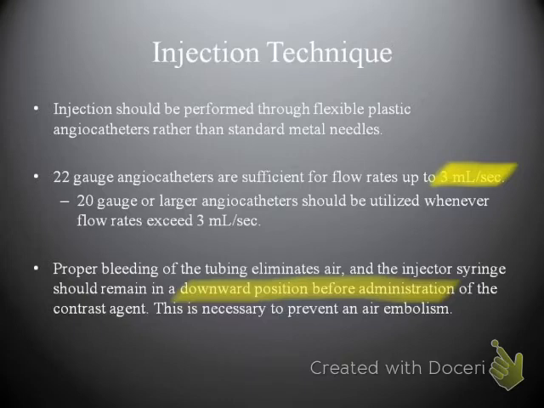There's nothing that you can really do about it, but the good news is that it requires a large amount of air that typically you will not get even if you forget to bleed the tubing. But that's something that you want to keep in mind. Just put a star beside this, that you certainly want to bleed the tubing and keep that air from being injected. So never inject without bleeding the tubing, getting contrast and saline to actually go out the end of it.